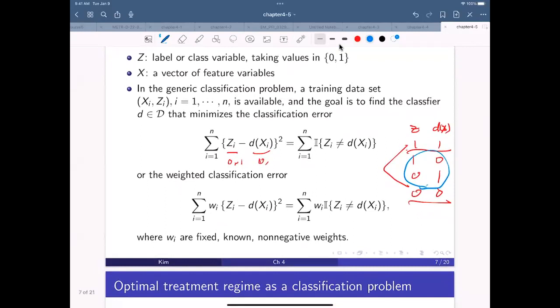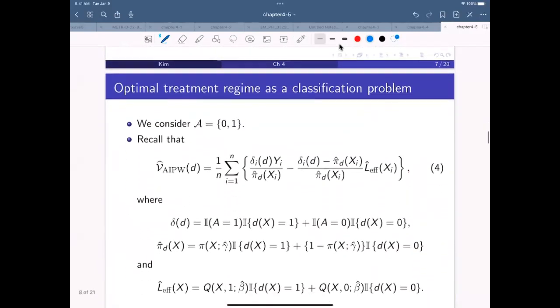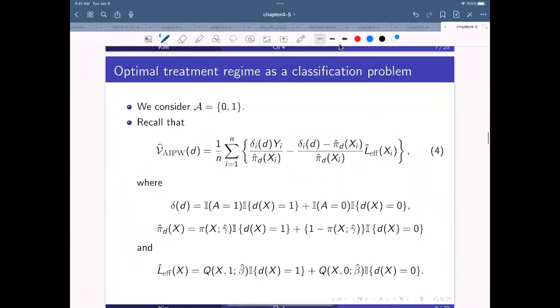Sometimes we will use a weighted classification problem, as we'll see soon. Now let's consider the 0-1 decision rule.